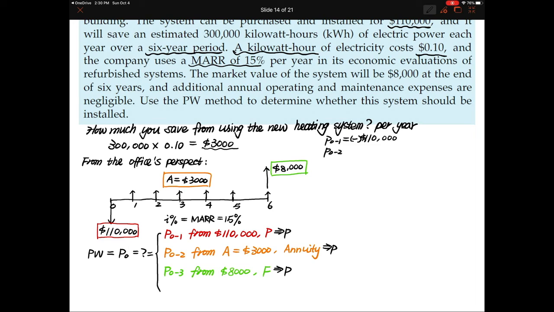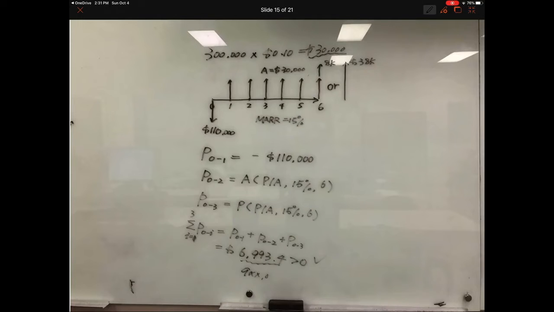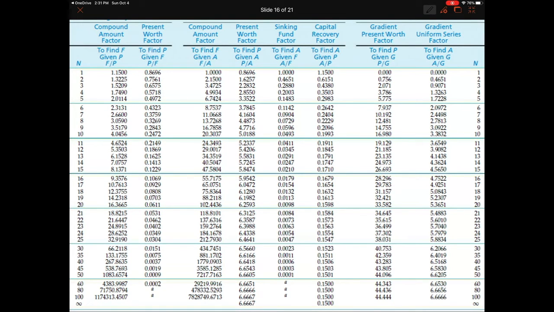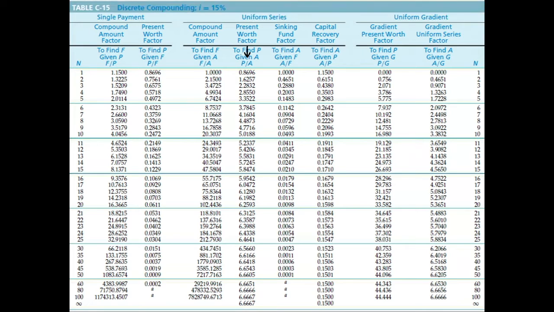Okay, and P02 is to find out P given A. So the equation is A times (P/A, MARR, N). And A is $30,000. P/A, it's 15%, right? N is 6. So just check this. So P/A, again, this table is for i equals 15.